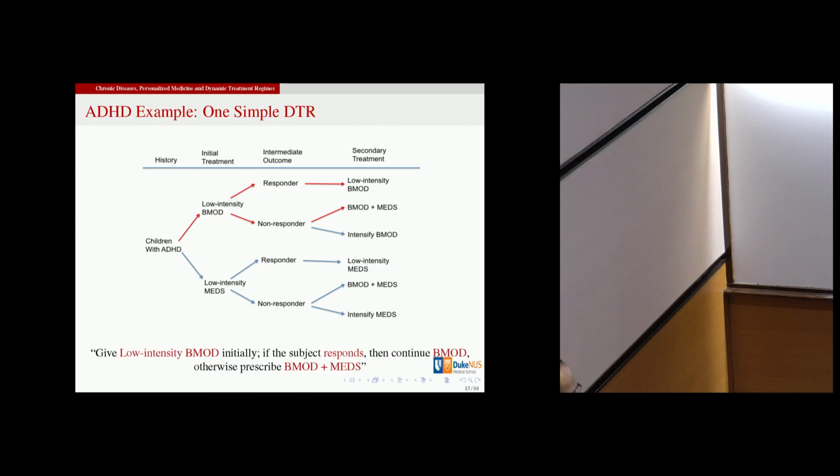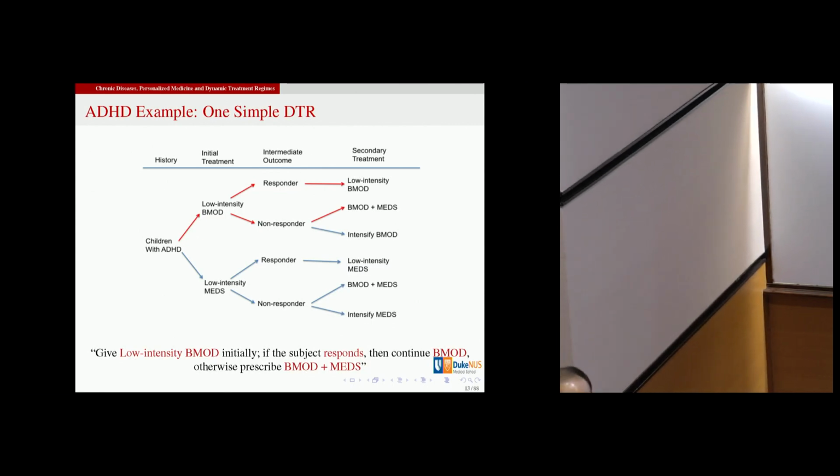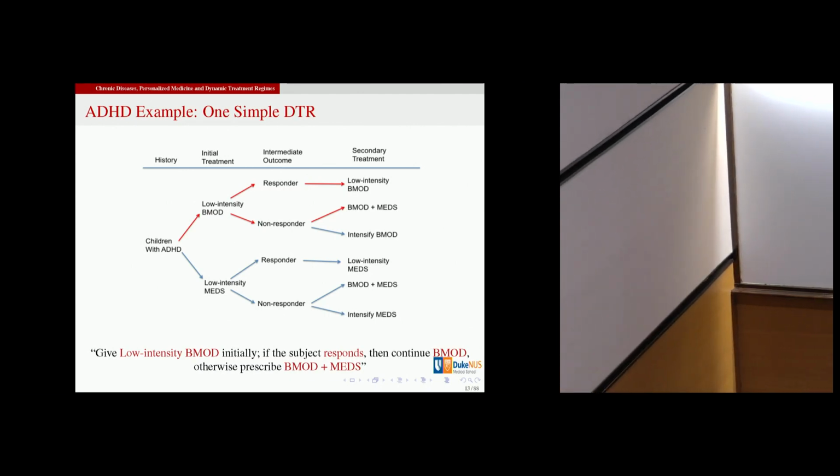You just don't know whether at the second stage you will continue the low intensity BMOD or you will give a treatment augmentation. You do not know before the patient moves to that stage, right? Even if you know their baseline information, until you observe their responder status, the intermediate outcome status, you do not know what their final treatment would be.